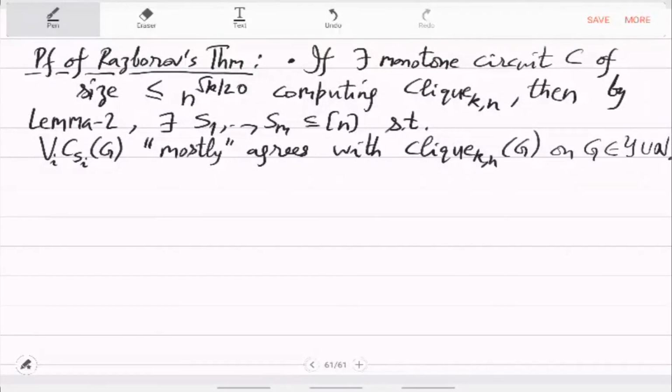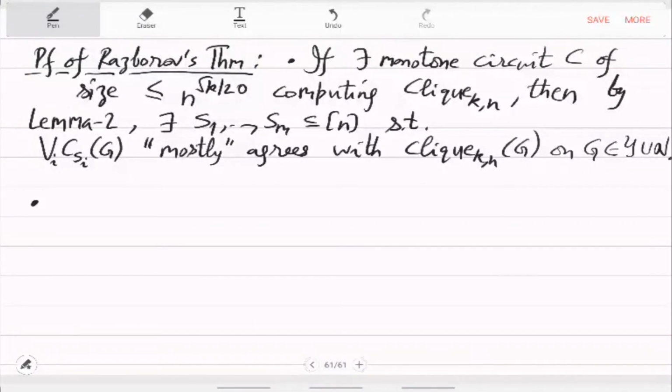So for graphs in both the yes and the no input distributions, the clique function is being well approximated. In 90% of the cases it is correct with this OR of clique indicators. This is the approximation result you get for clique by lemma 2.